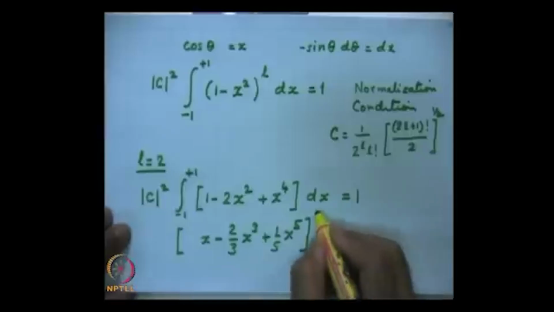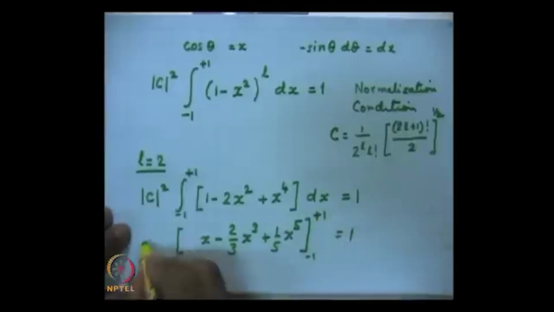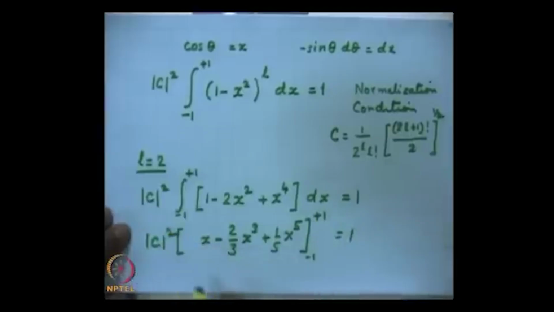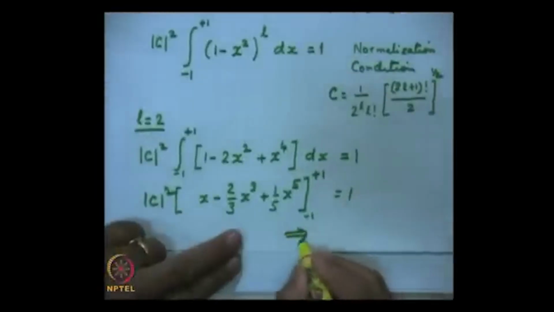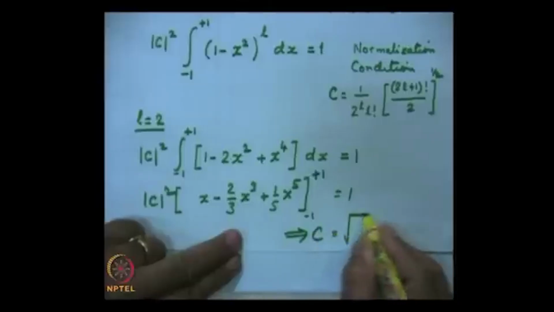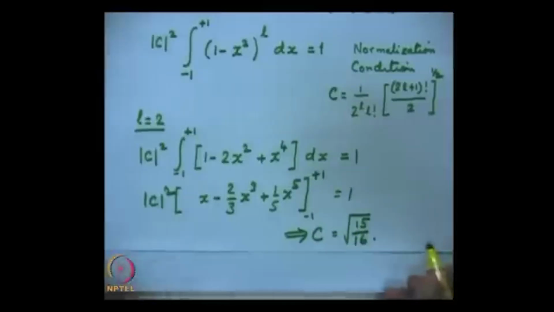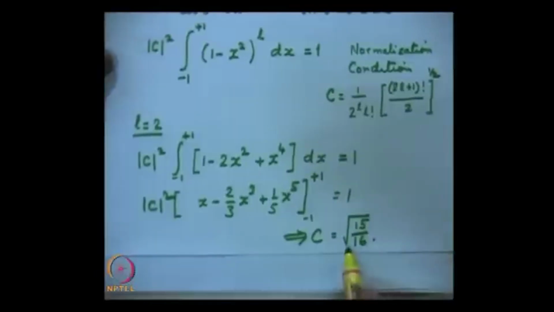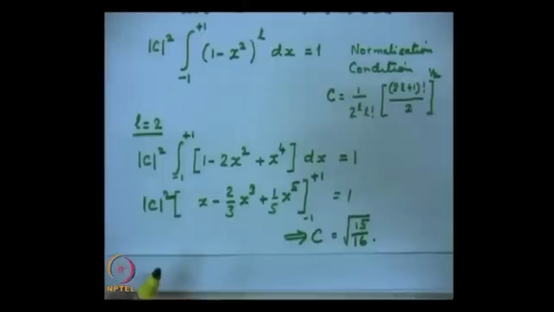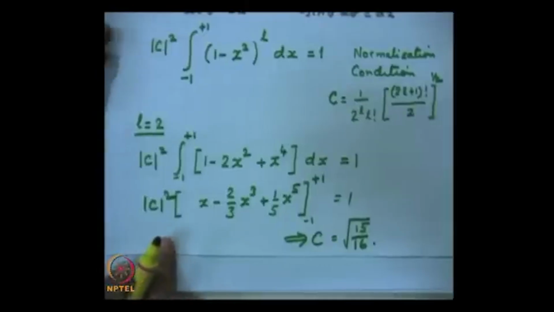From minus 1 to plus 1, this is equal to 1, and if you calculate this, then this will readily give C equal to the square root of 15 by 16. So, we get the normalization constant as C equal to the square root of 15 by 16.